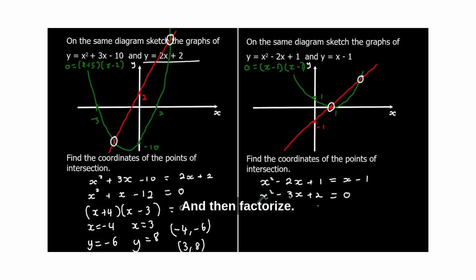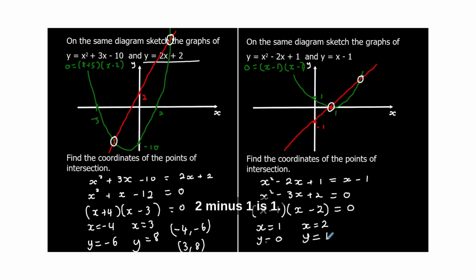And then factorize, it's going to be 2 and 1, negative 1 and negative 2. So x can be 1 or x can be 2. y equals x minus 1. So 1 minus 1 is 0. 2 minus 1 is 1. So we've got 1, 0 and 2, 1.